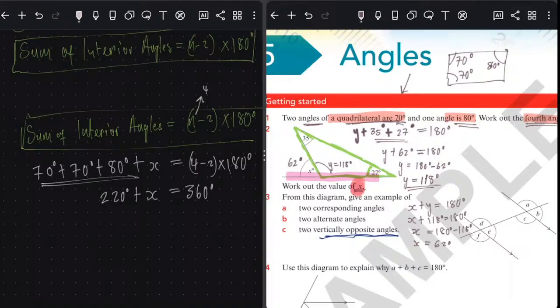Yes, that's 360. So now how do you get x? X will be 360 degrees minus 220 degrees. Can you tell me what you get for x? 140 degrees. Victor, so are we together?